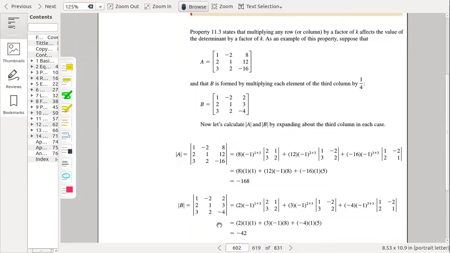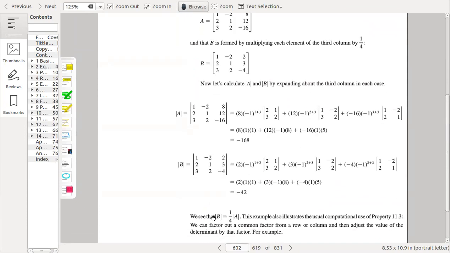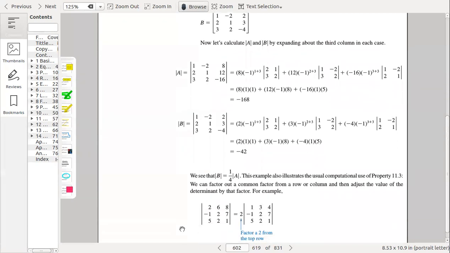Okay, so then what is the determinant? The determinant is minus 42. So it means this 168 is divided by 4. Four 4s are 16, then four 2s are 8, so minus 42. We see that the determinant of B is equal to the determinant of A divided by 4.